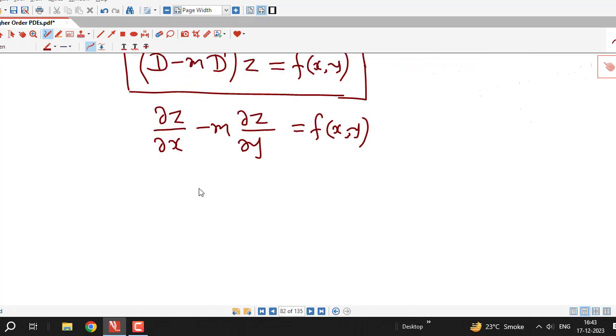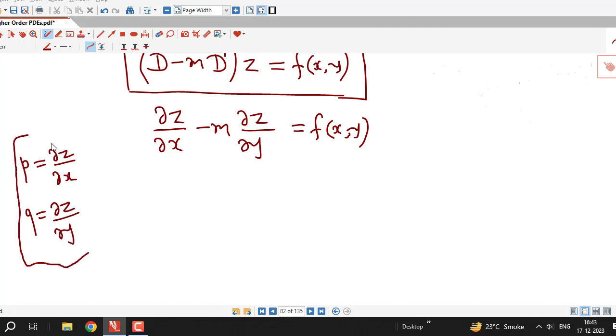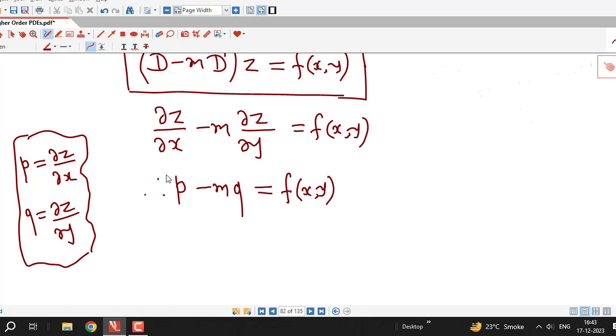And if you recall, we have used this notation: small p for del z by del x, small q for del z by del y. If you recall my lecture series on first order partial differential equations, you will find this type of notation. So here I replace del z by del x by small p and del z by del y by small q, equal to f(x,y).